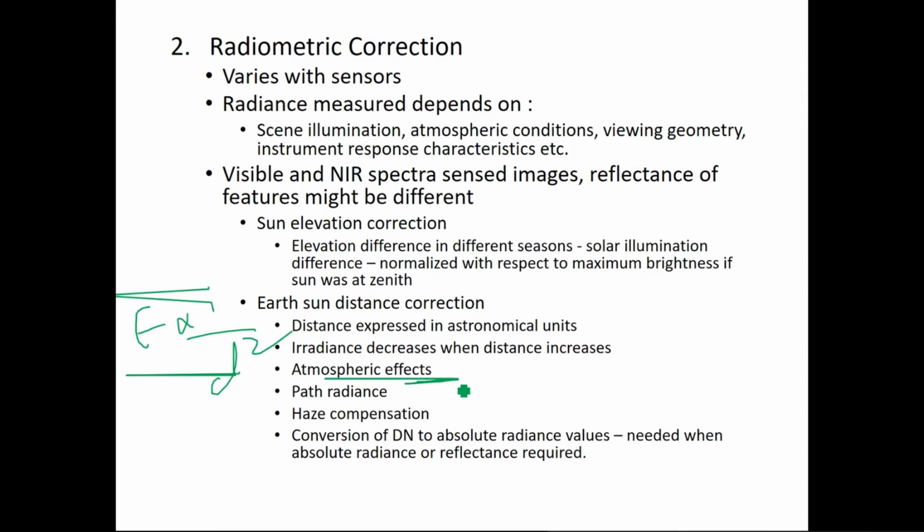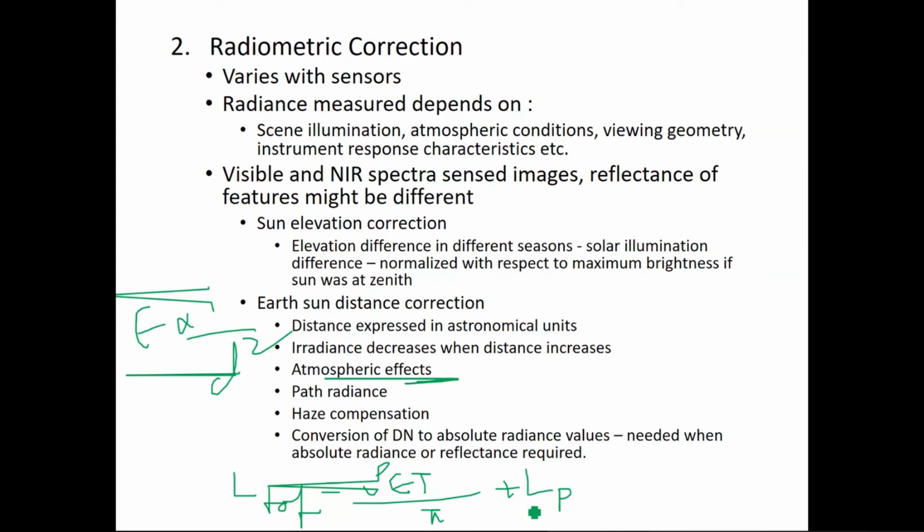And there can also be some scattered extra path radiance. Do you remember that equation? The total spectral radiance measured by a sensor, L total, was equal to, anyone remember this equation? L total is equal to rho E T by pi plus LP.